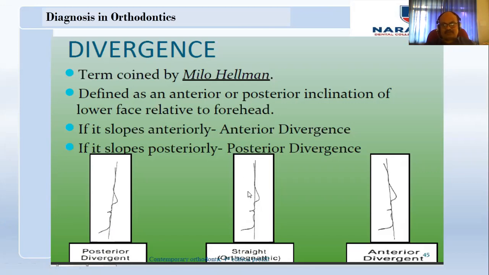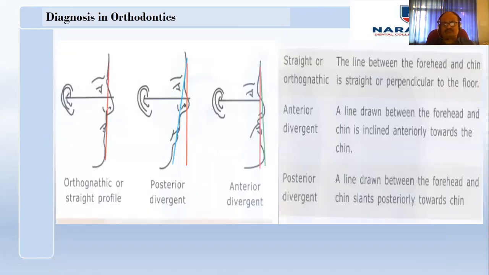No need to explain the straight and orthognathic divergence. All the points lie in the same plane, and the Pogonion will be in line with the forehead. Anterior divergent: when the mandible has moved forward sagittally ahead of the maxilla, it gives rise to what is called a class 3 occlusion. In such cases, you find the anterior divergent mandible.